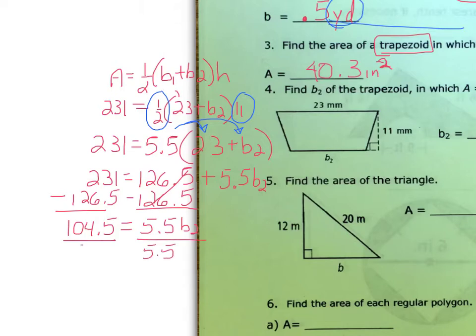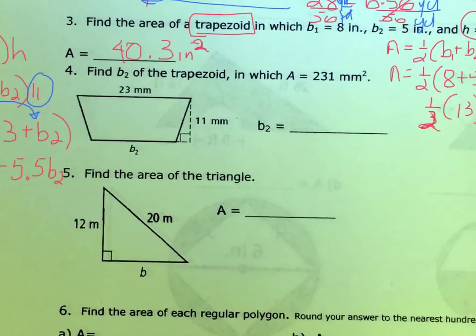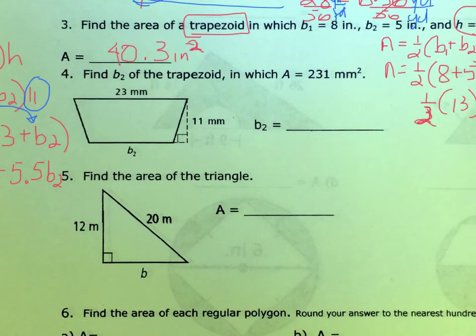So 104.5 divided by 5.5 is 19. Great. So b sub 2 is 19, and let's not forget the unit of measure, which is millimeters. It's just the length, so it's just the unit. So it's 19 millimeters. And that's it.